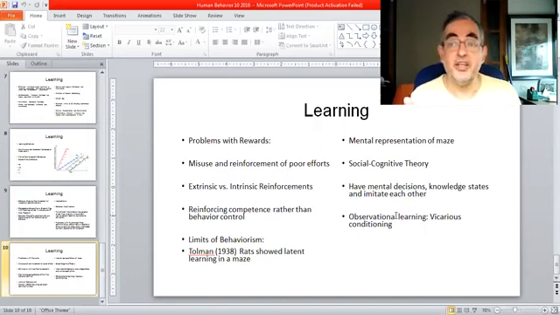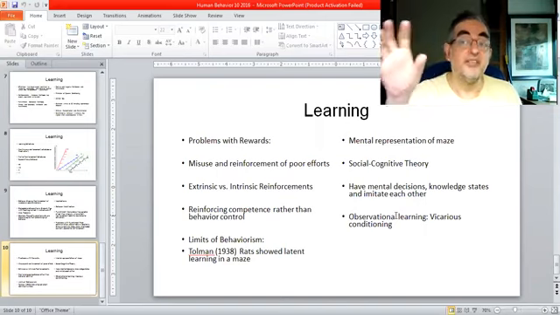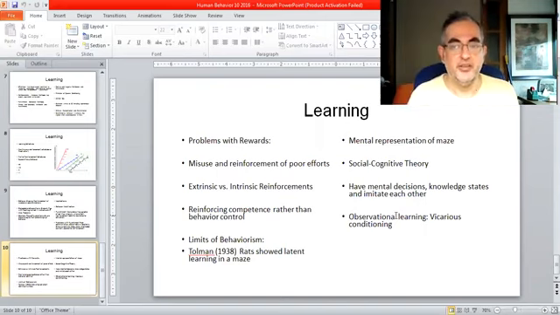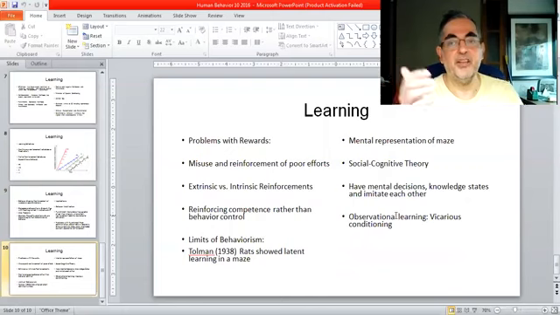On the 11th day, they found food. From the 11th to 20th days, they got reinforcement. So the first group had reinforcement all the time, the second group no reinforcement, and the third group reinforcement after half the days of training were over. This third group, almost immediately their performance became the same as the first group.